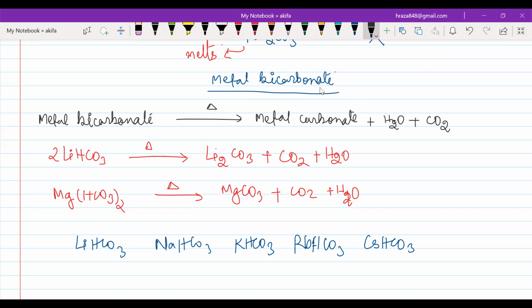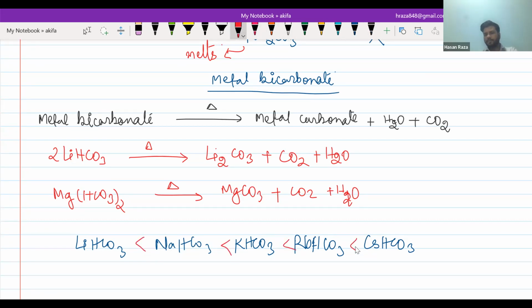Yes, one second. Lithium has the lowest thermal stability and the maximum is this, right? Yes.